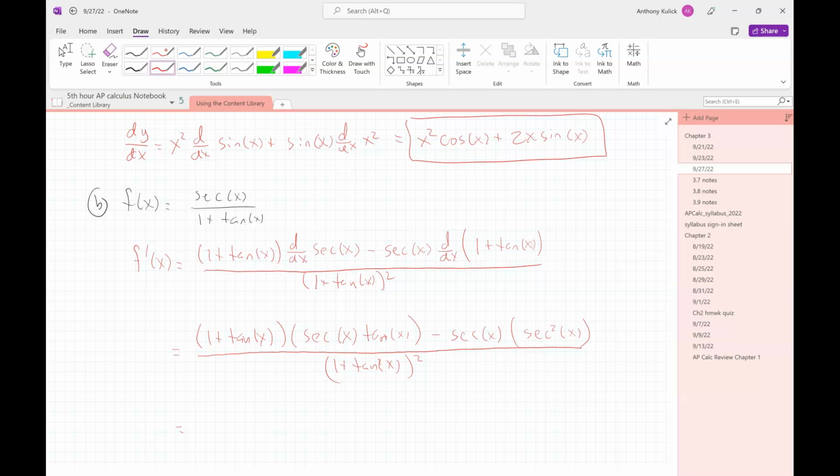So I notice here everything has a factor of secant in it, so I'll probably factor that off. And then I'll distribute the tan through.